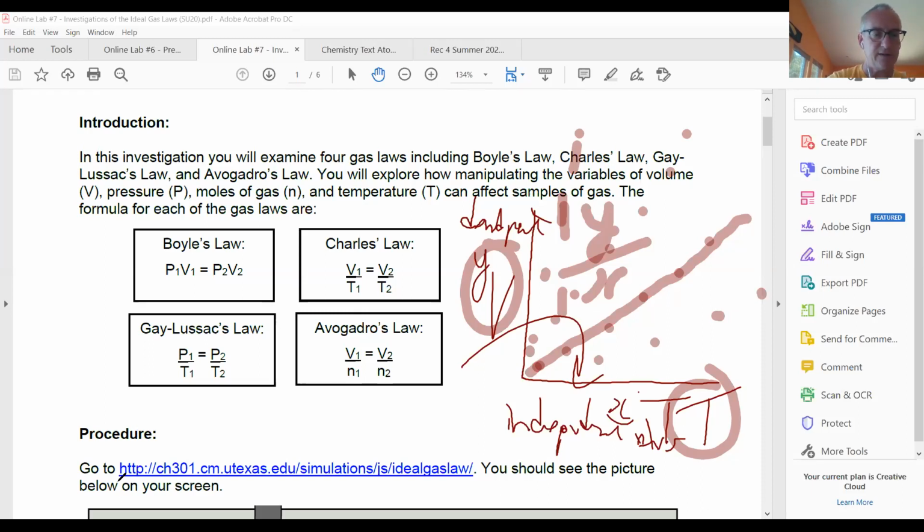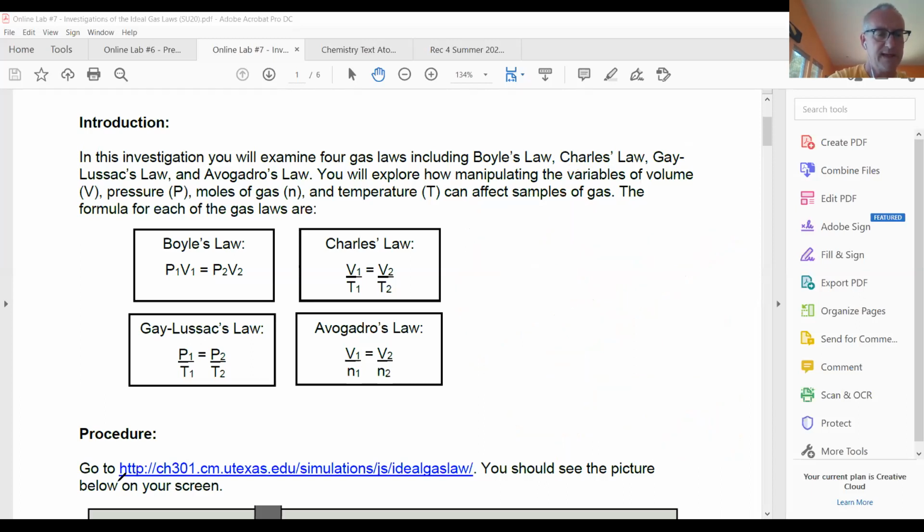Now let's look at Gay-Lussac's law. Gay-Lussac, another genius French chemist. So many. So he noticed that if you kept volume constant, so this time he's got a constant volume.